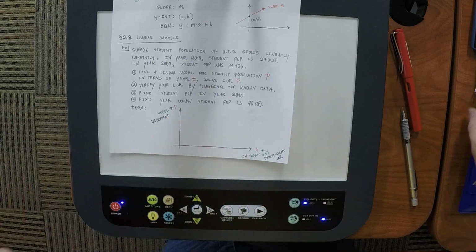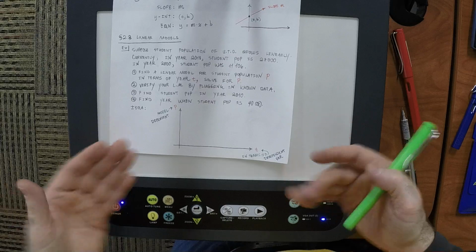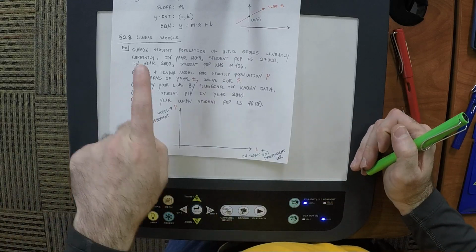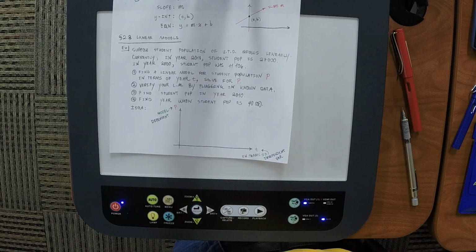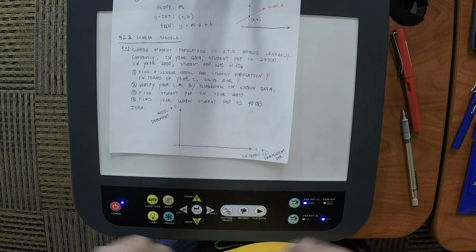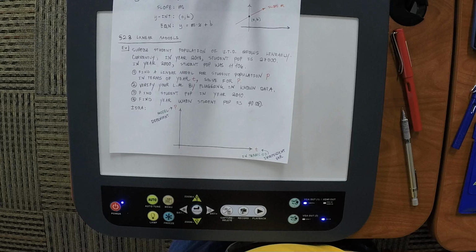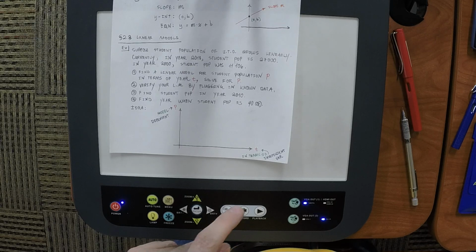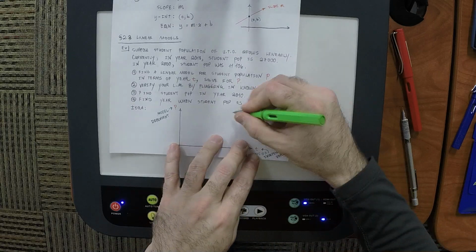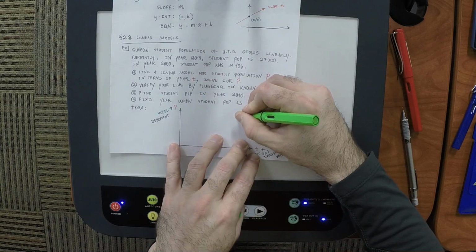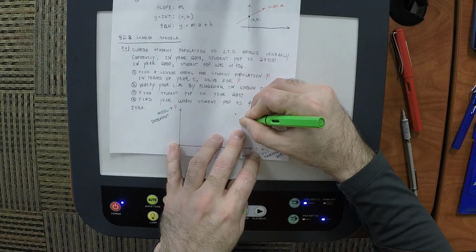So conceptually speaking, here's the space. T is horizontal, P is vertical. We were given 2 points that are somewhere on this plane. What 2 points were we given? Okay, so here's some point.